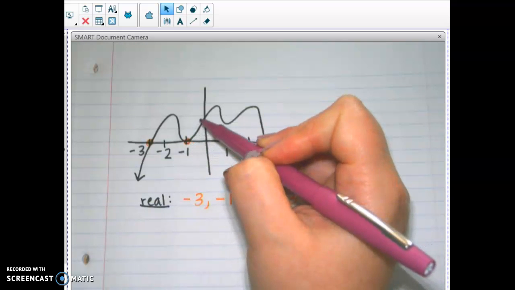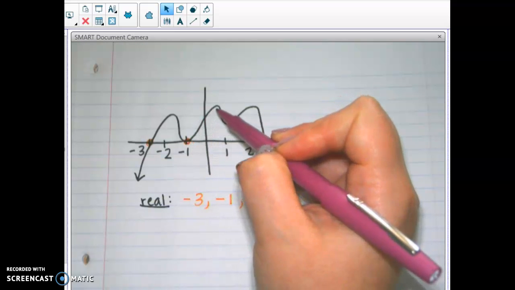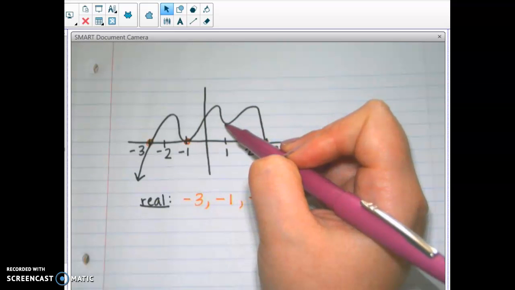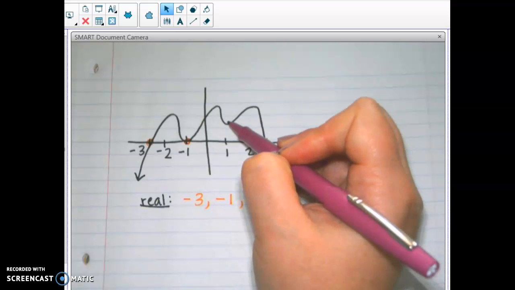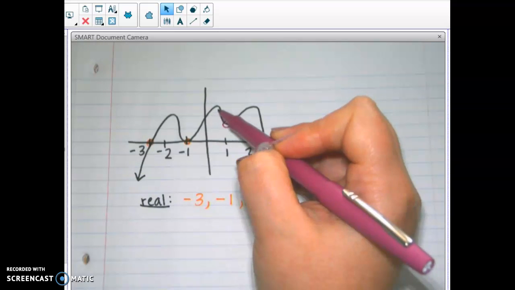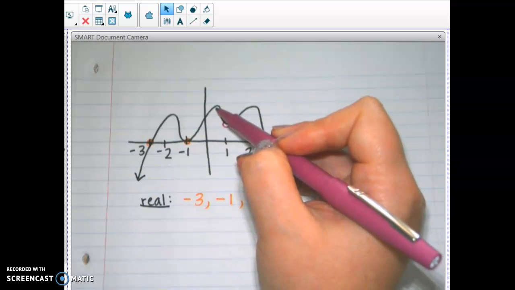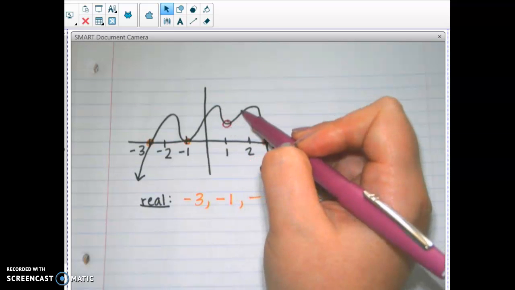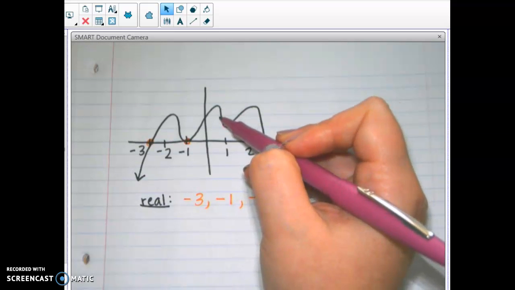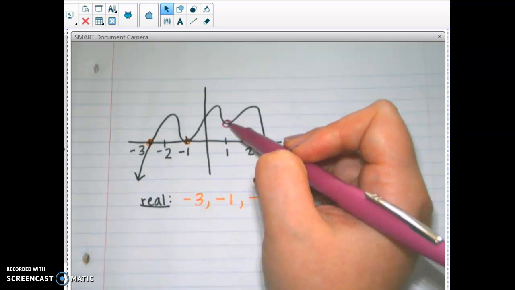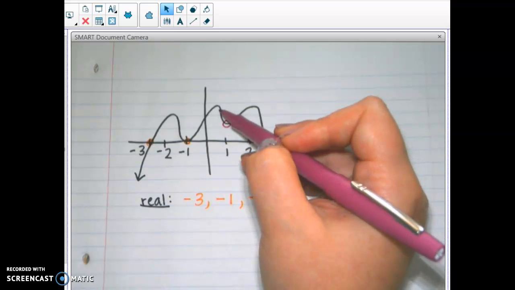But then I'm going up. But see where I'm coming down, but I'm not hitting the x-axis, but it still kind of looks like a parabola. So it should have that kind of parabola shape most of the time. That's not 100%, but all the ones where I don't give you the equation, if the only thing I'm going to give you is the graph, this is what you're looking for.